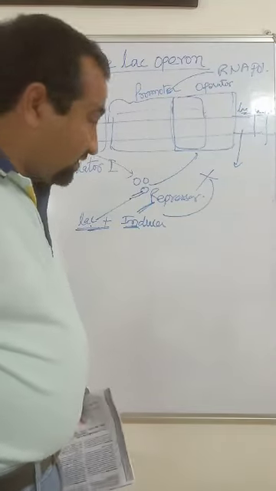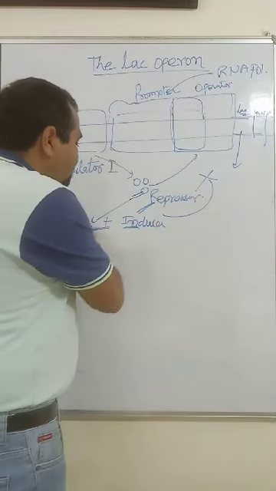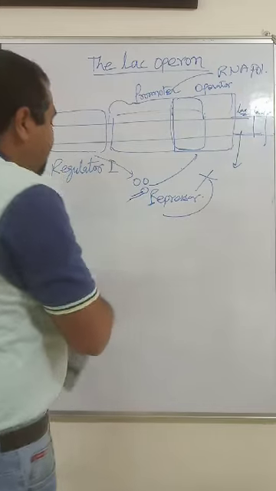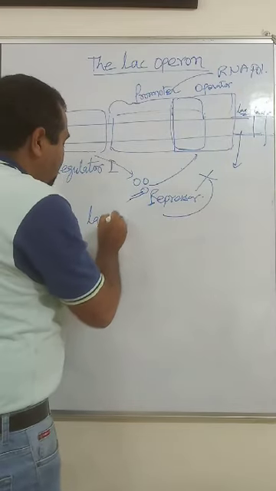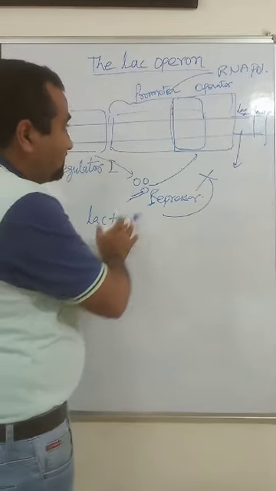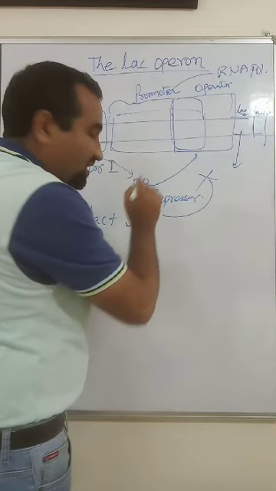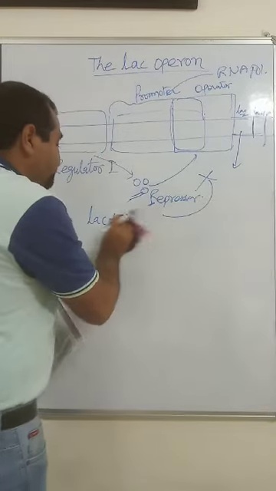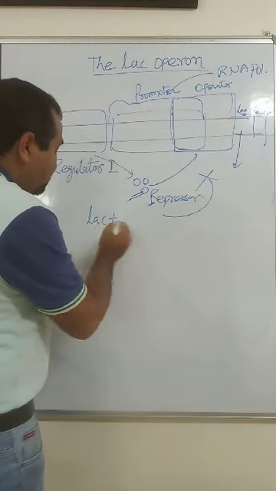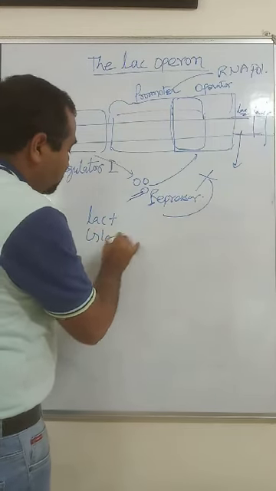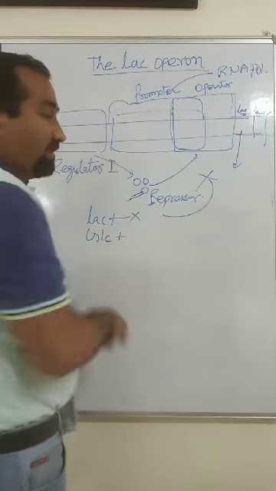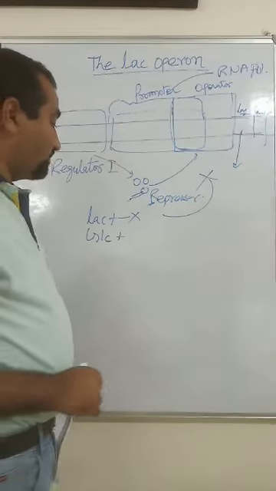So here is the question for you. When lactose is present, the lac operon starts. But when lactose is present with glucose, then the lac operon remains switched off.